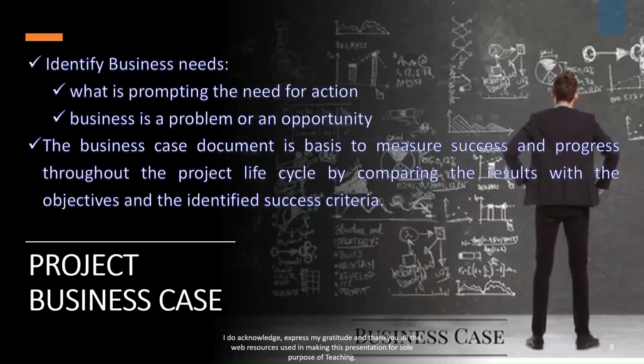The business case document is basis to measure success and progress throughout the project life cycle by comparing the results with the objective and the identified success criteria. This is very important. In business case document, we don't only record what is required to be done.